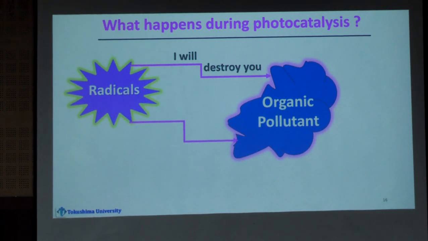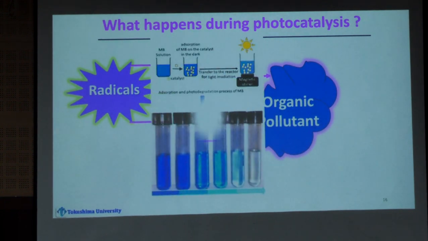The main thing in photocatalysis is creation of radical, to break down the material. Photocatalysis means breaking down the material. So the organic pollutant reacts with this radical. If radical is created, your job is almost half done. Next part, this radical will react with, or kill, the organic pollutant, and you can get clean water.